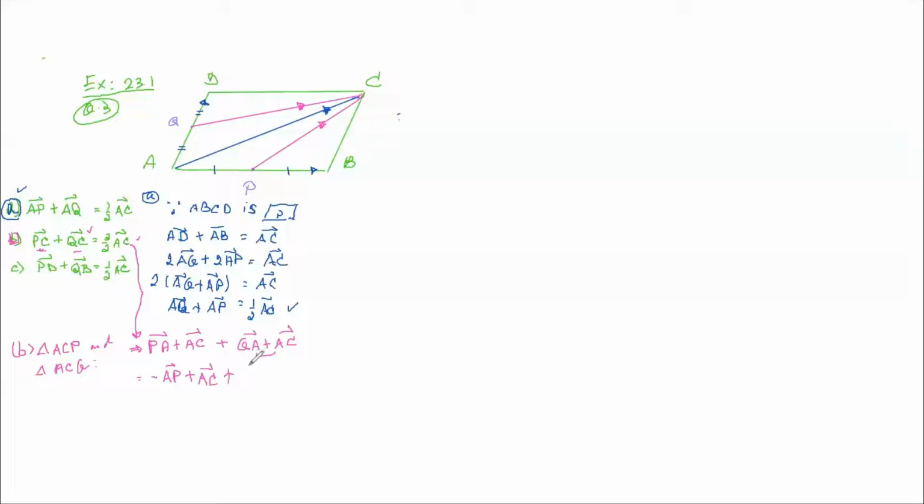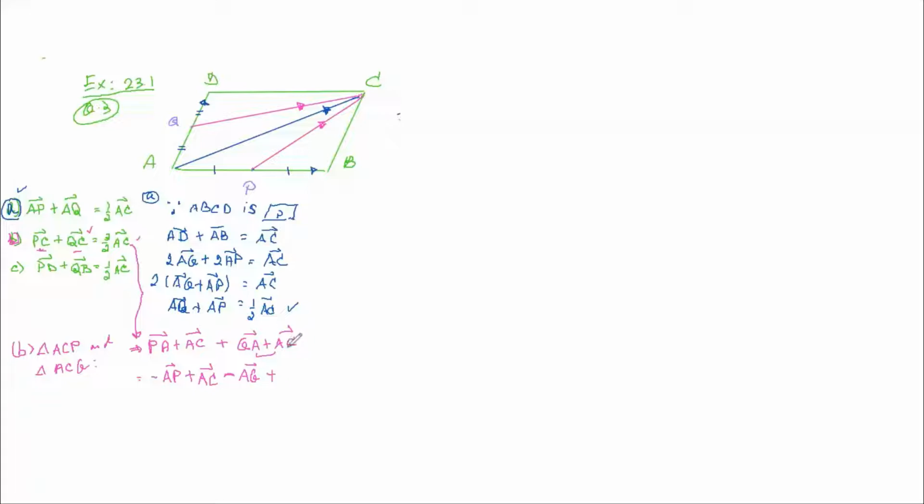Plus QA. You see from question A we got this is QA, but we have AQ, correct? So we swap it. So QA, but I have AQ, so it becomes negative AQ.